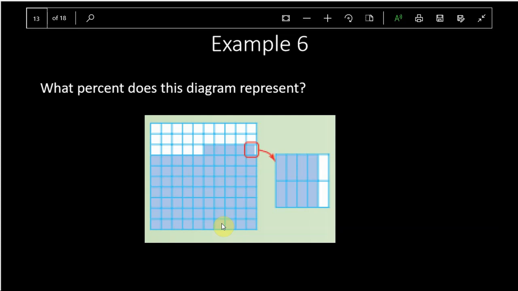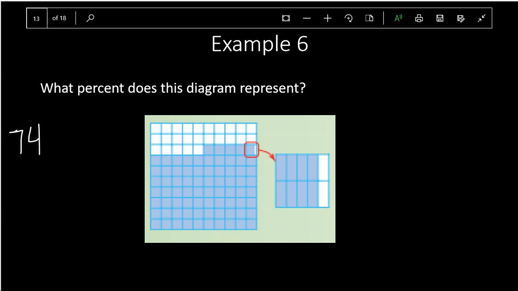So the first thing you need to do is count how many total squares are colored in or shaded in completely. We're not going to look at the fractional one just yet. It looks like, again, this is really small on my screen, but it looks like we have 74 full shaded in squares. And then they've blown up our fractional percentage, which shows a percentage that's less than 1%.